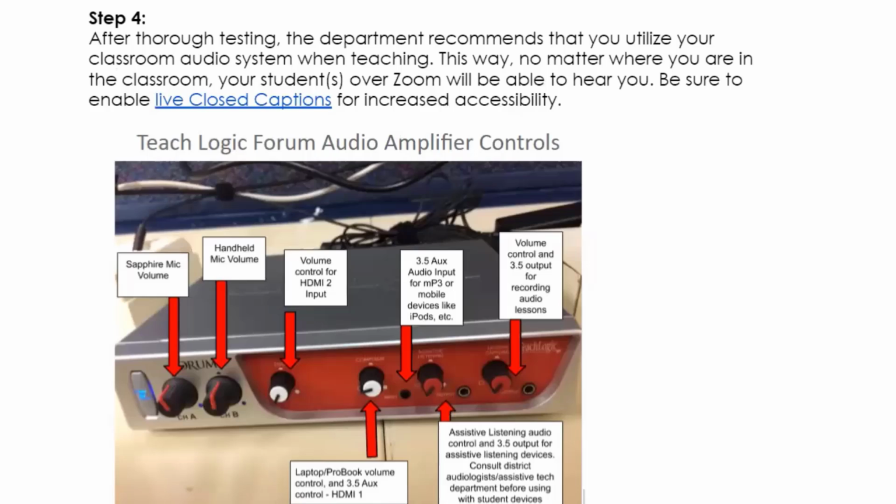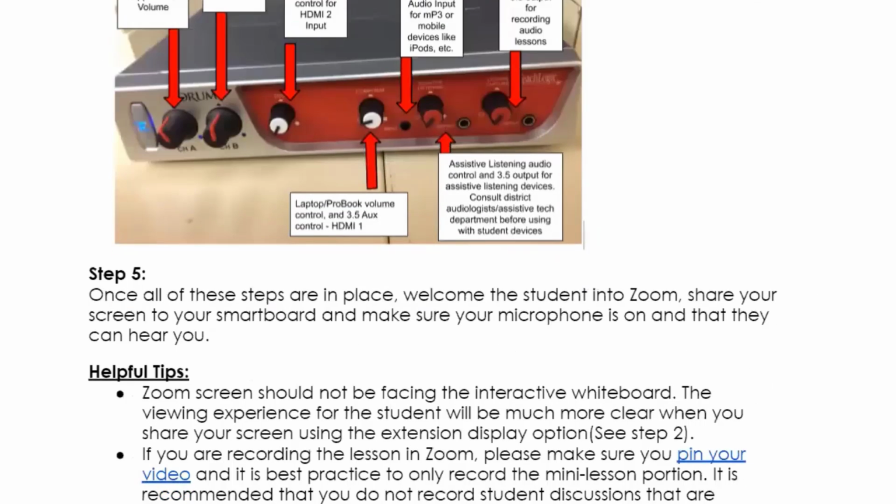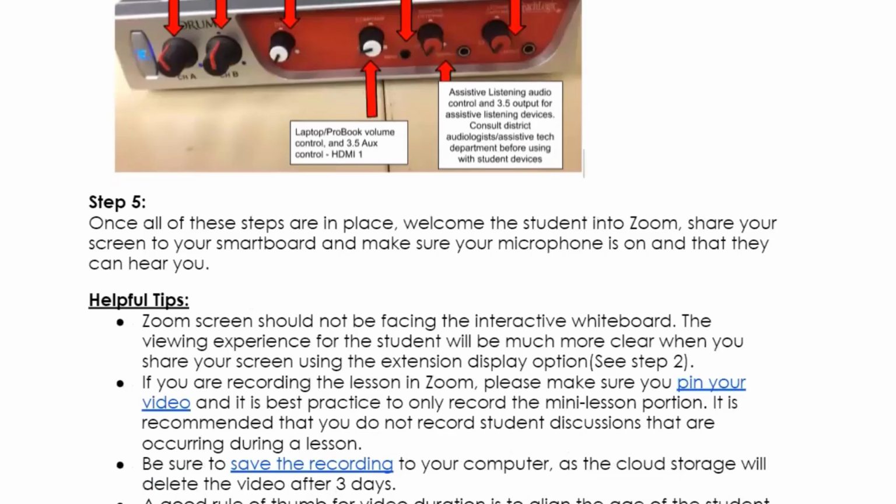That way, if it's a little bit hard to hear, the closed captions will help pick up what you're saying, and students will be able to view it. And that closed captions button, there's a link here for how to do that. It's right on the main menu of Zoom. And then once all the steps are in place, welcome students into Zoom, share your screen to your smartboard, and make sure your microphone is on so that they can hear you.